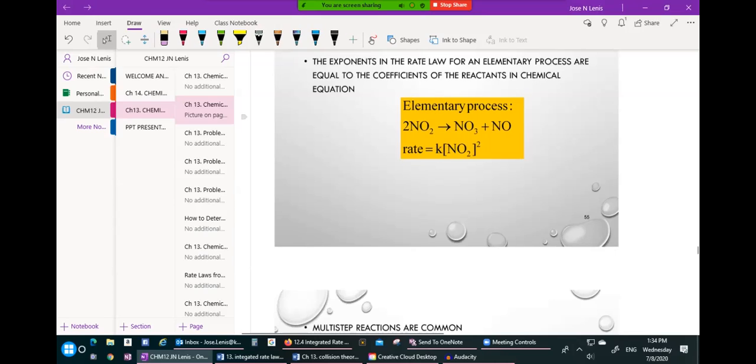So it's going to be rate equals rate constant times concentration of NO, elevated to this power, which is this stoichiometric coefficient. So here, the order of this reaction is second order. And we get this number from here.